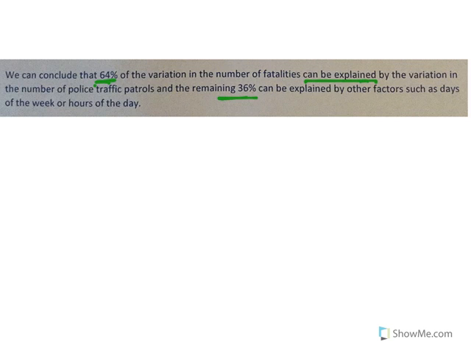And you might come up with some such as days of the week or hours of the day. That wording and phrasing is extremely important because we don't want to use terms like this shows, this proves, because it only explains a portion of the variation.